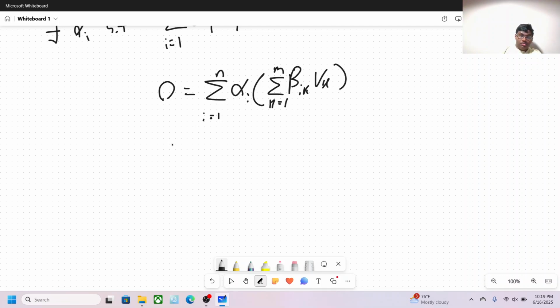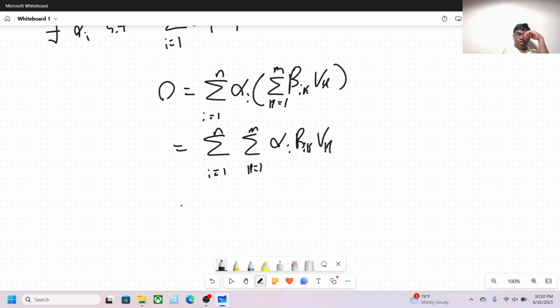And this is going to be some kind of double sum: the sum over i, the sum over k, of alpha i beta ik vk. But now we can swap the order of the sum. We can sum instead over k equals 1 to n, and pull out the beta ik.